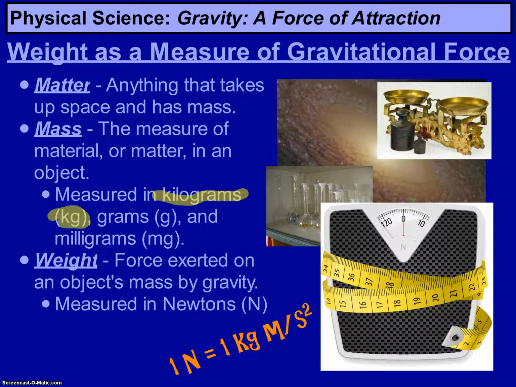I don't know if you remember our force equations, but the force equation is F equals mass times acceleration. It's the same thing with weight. Weight is a force, so it's actually the same equation. Force is equal to mass times acceleration. Again, force is measured in newtons. The acceleration in this case is known as gravitational acceleration.